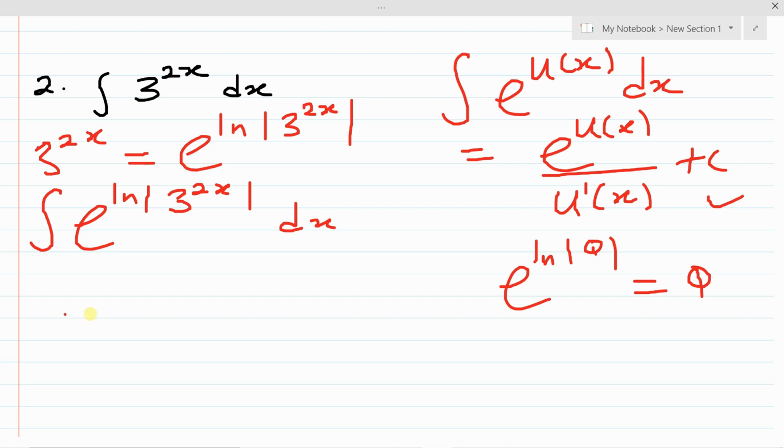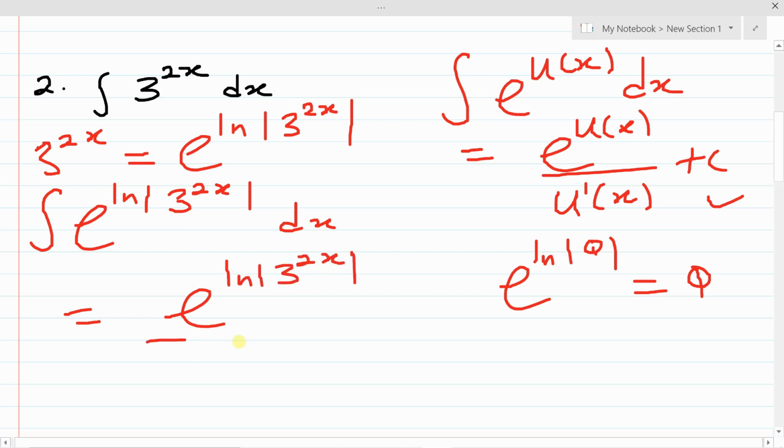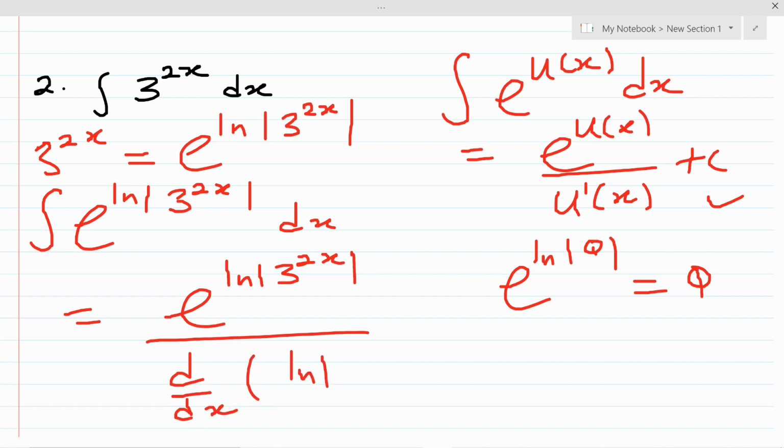So this whole integral will be e to the power ln of 3 to the 2x, over d dx of ln of 3 to the 2x, plus c.